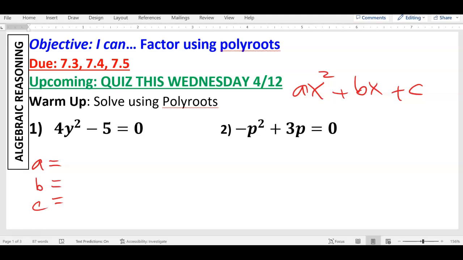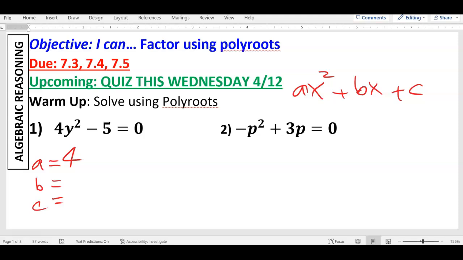So 4 is going to be my a value, right? Now, who thinks they know what b is going to be? What's b going to be? You're just randomly saying numbers. 5 is wrong. Negative 5 is also wrong.